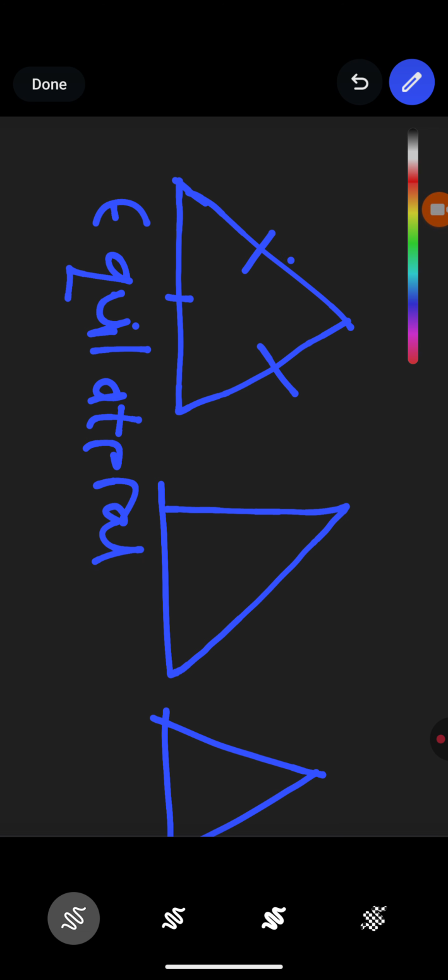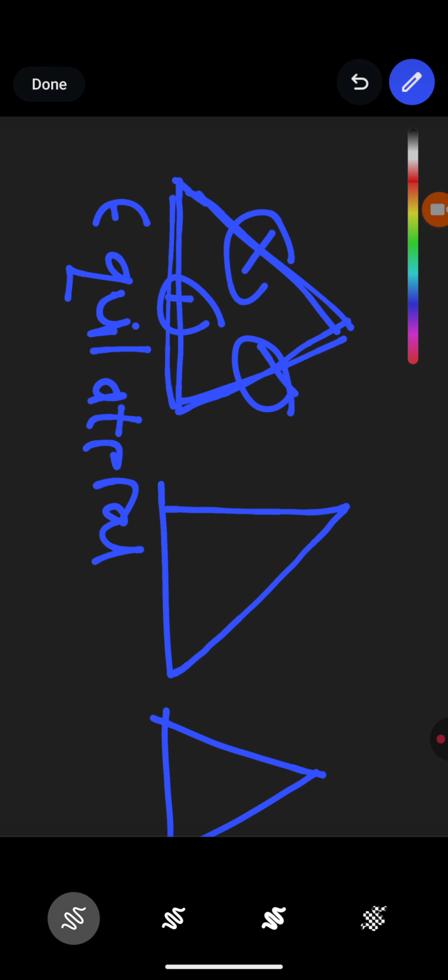That's why we have these three marks, which show that this side is the same as this side, which is the same as this side. That also means this angle is the same as this angle, which is the same as this angle. So if this is x, this is y, this is z, the three are equal.